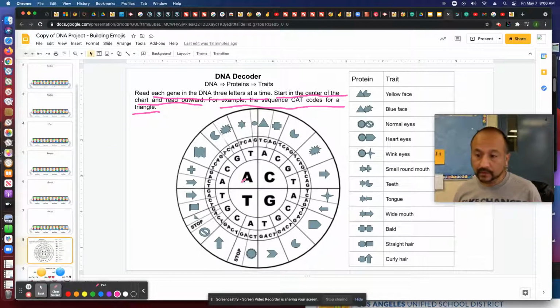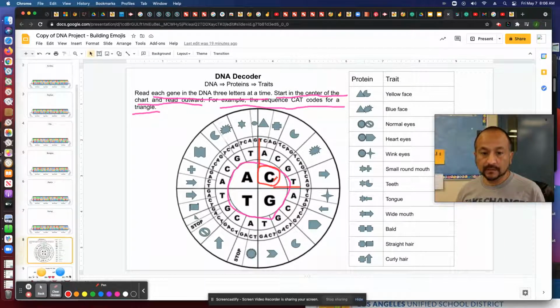and we're going to start from the inside. So we're only going to focus on these letters first. And we have the letter C, right? So we have the letter C. Now we're going to start in the center.